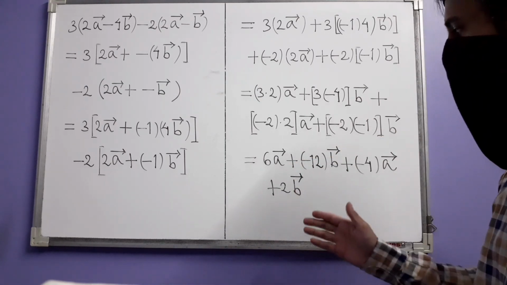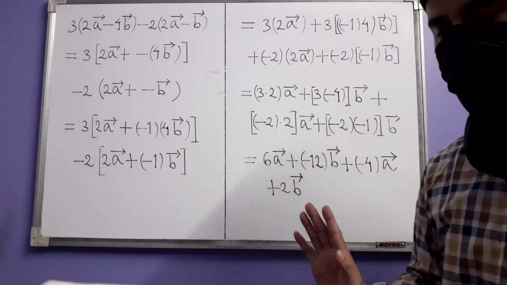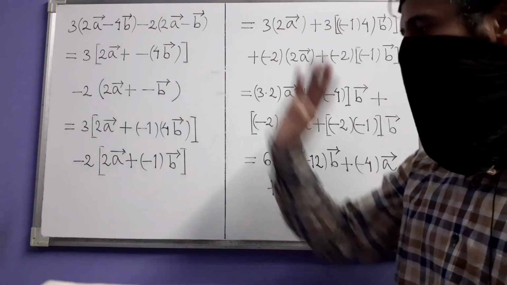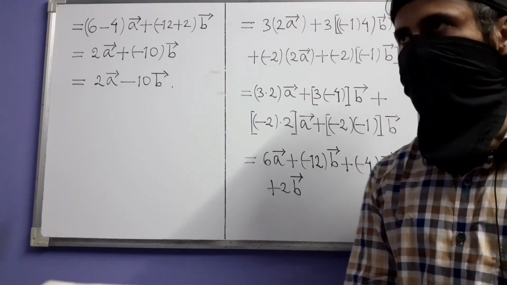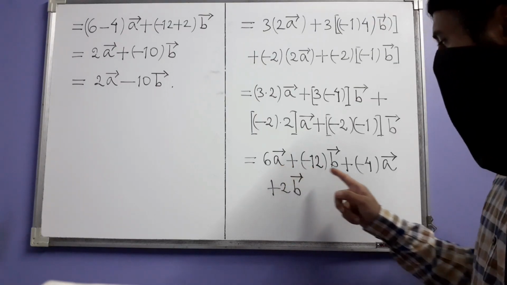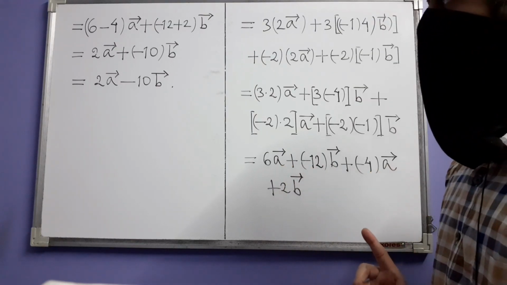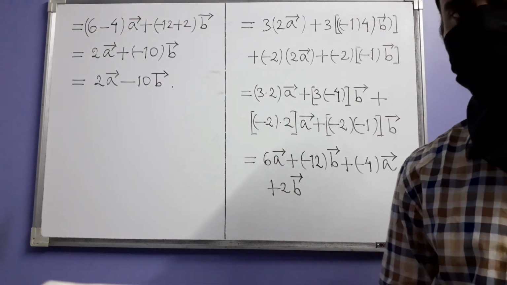Okay, so that's how it has come to a form which is much simpler than what we started with, but still you can do more simplification. So in the next line, in place of 6a plus minus 4 times a, we write 6 minus 4 times a.